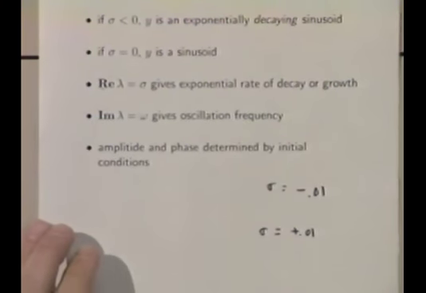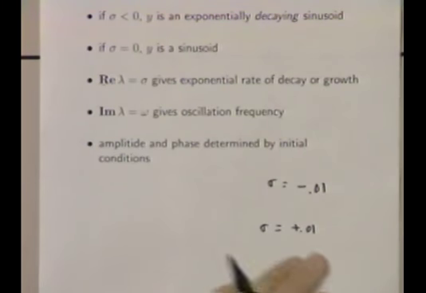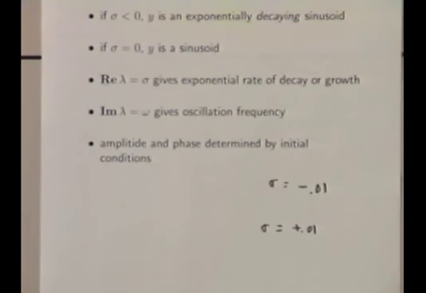Okay? Now the other very important thing here is to point out what parts determine what. The nature of the solution, that is to say, whether it's a sum of two real exponentials, or whether it's got this t e to the lambda t, or whether it's an exponentially growing or decaying sinusoid, depends only on the characteristic polynomial, right?